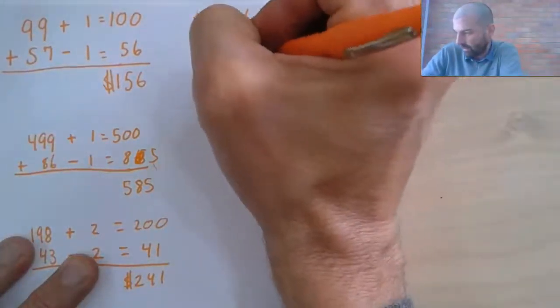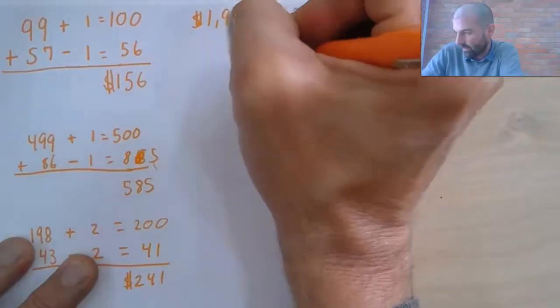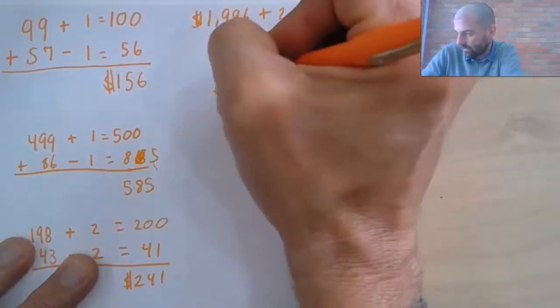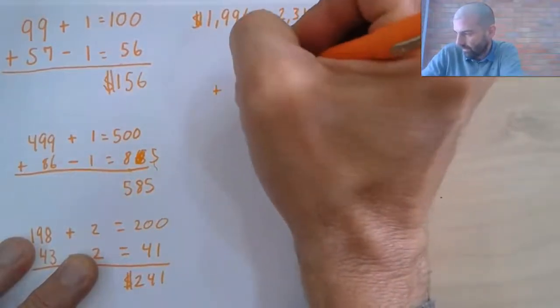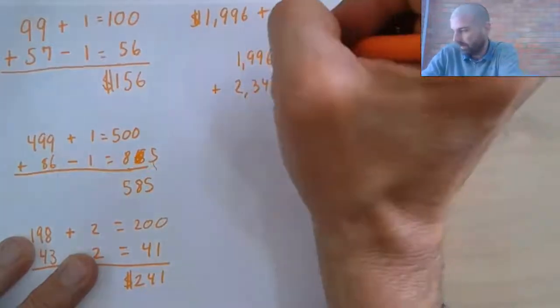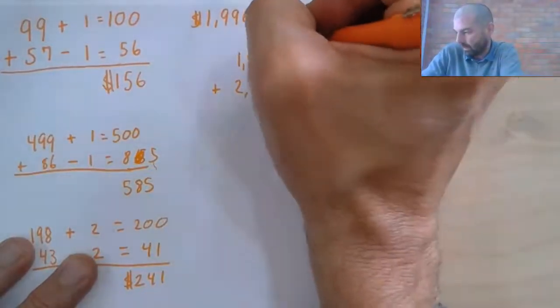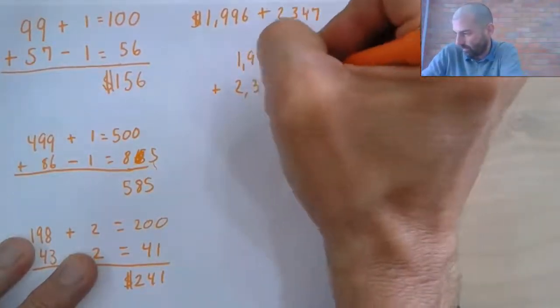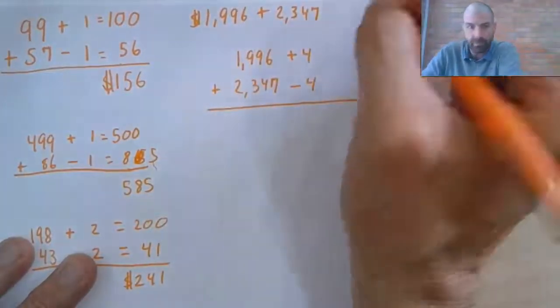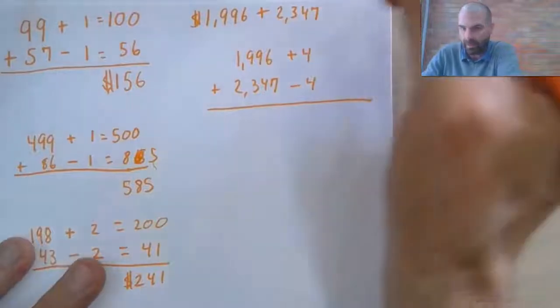So if I rewrite my equation, 1,996 plus 2,347, I am only 4 away from 2,000. All right, so I need to borrow 4 or take 4 from my 2,347 and give it to 1,996.